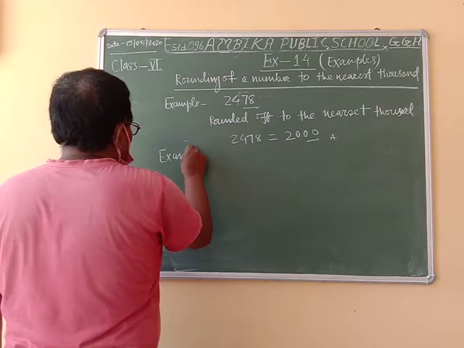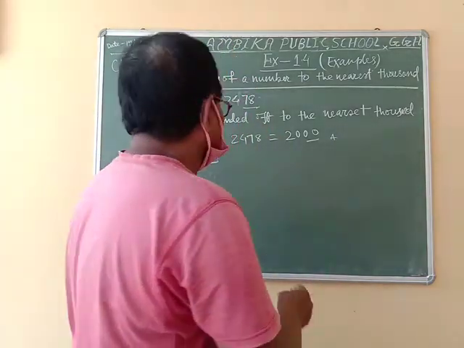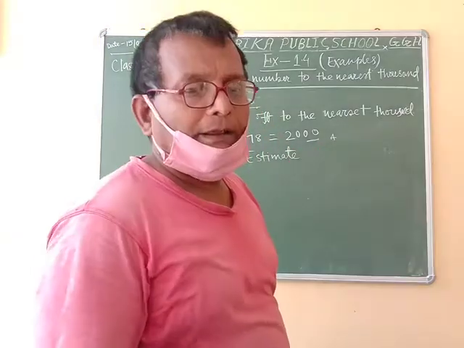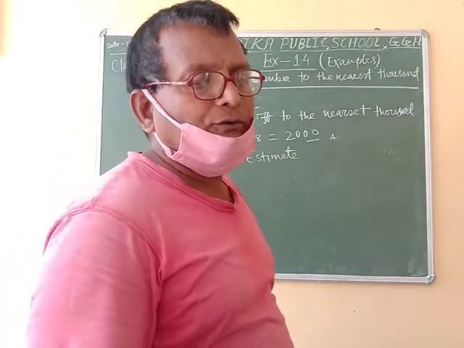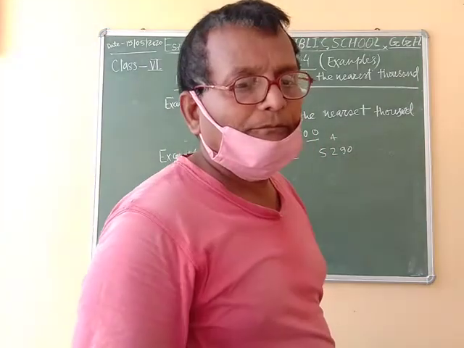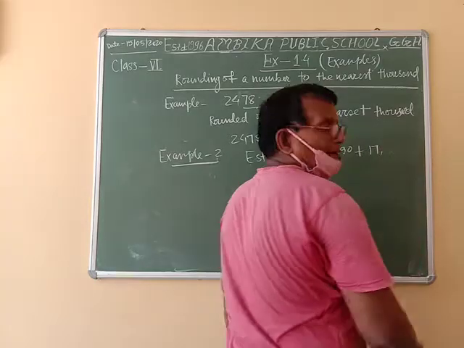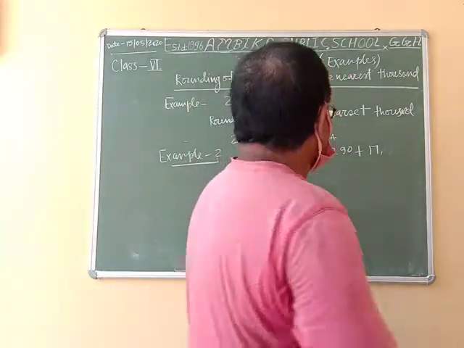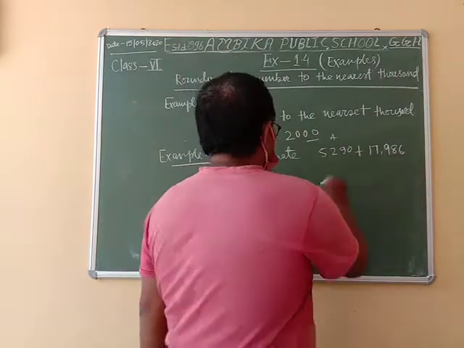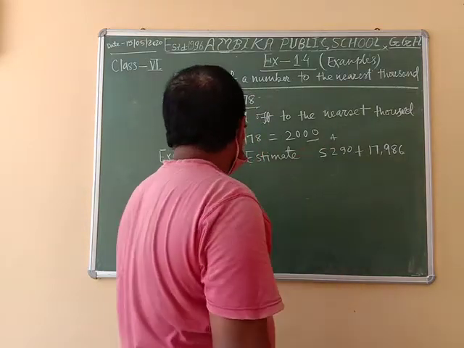Example 2. Estimate 5290 plus 17986. You have to add on the basis of estimation.